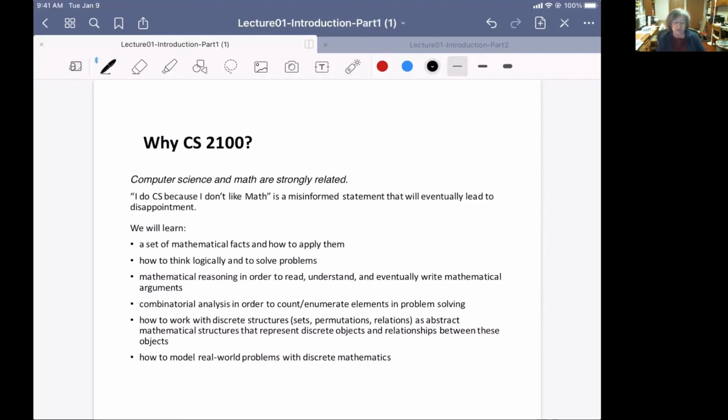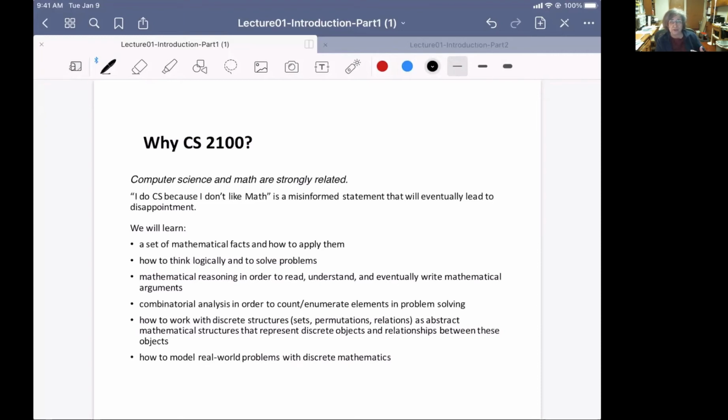So part of what we're going to do is not learn formulas necessarily, but we're going to learn a set of mathematical facts and how to apply them, how to think logically and solve problems, how to reason in mathematics in order to read, understand, and eventually write arguments. We'll do combinatorial analysis in order to be able to count and enumerate elements in problem solving.